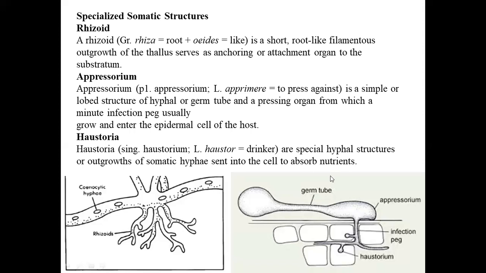And the third, the haustoria, whose major mode of action is to absorb all the nutrition from the host tissues for the development of the fungal organism. So these are three specialized somatic structures of the fungus, rhizoids, appressorium and haustoria, to cause the infection and develop the fungal structure inside and outside the host.